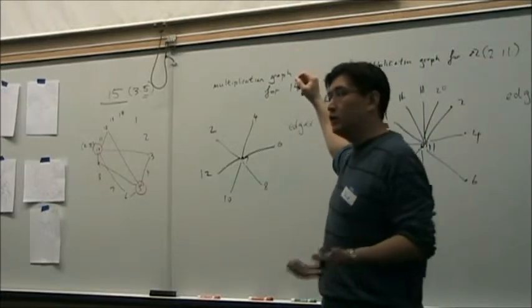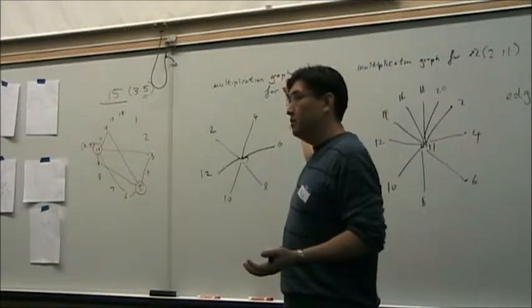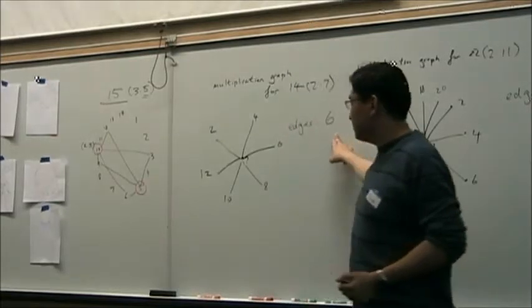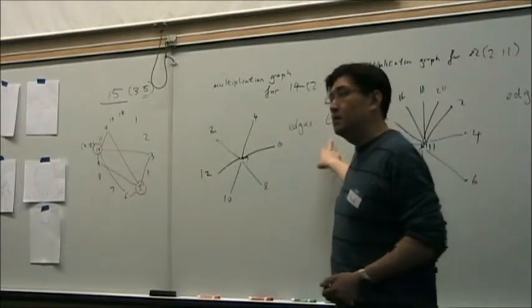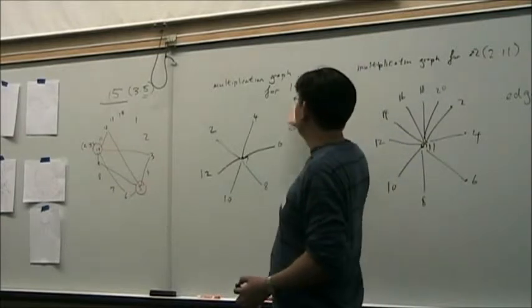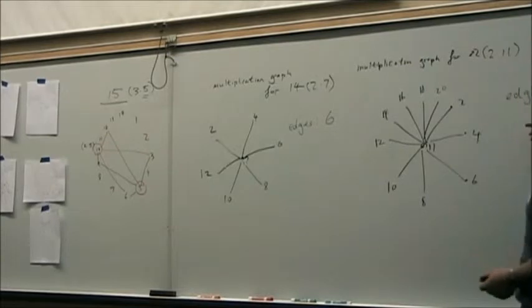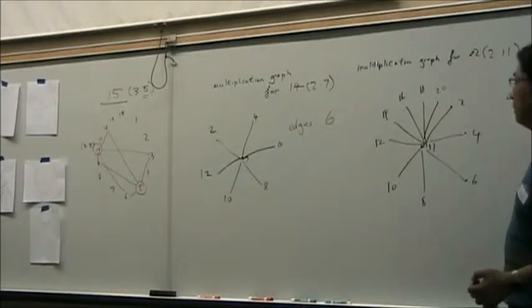So there are 6. So I think this is a fairly good justification of why there are 6 edges here. So the multiplication graph of 22, does everyone understand why we will have 10 edges here?